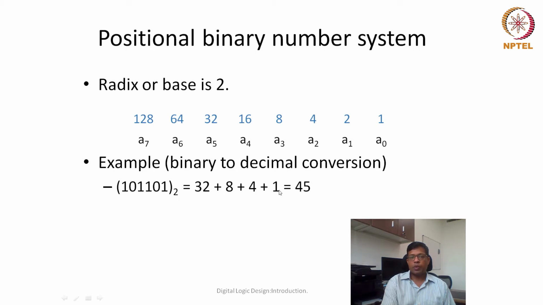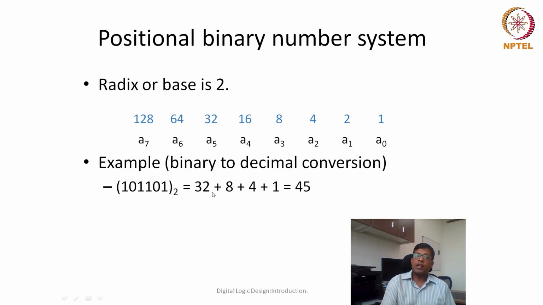So 1 would be multiplied by 1, and the next bit is 0, I am ignoring that, and at A2 place I have 1. So A2 would be multiplied by 4, then A3 is again 1, it is multiplied by 8, and A4 is 0, A5 is multiplied by 32.